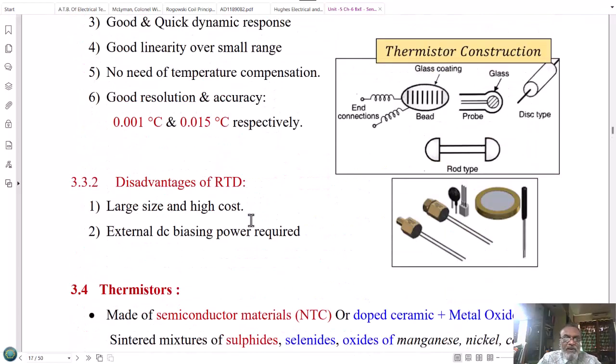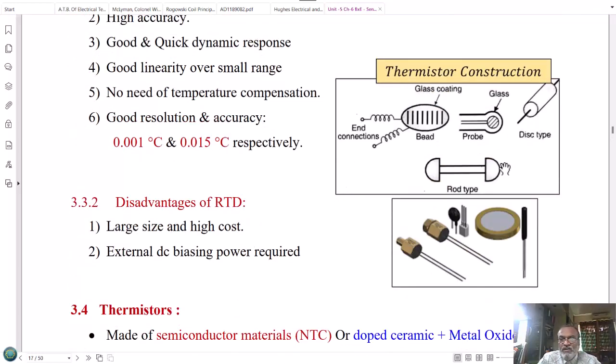Typical thermistors are shown in this figure. The thermistor consists of a glass coating. Inside it, there is a bead. Bead means a piece of semiconductor material with the ends taken out for connection. The probe type of thermistor sensor shown here consists of a small bead inside, enclosed in a glass enclosure, with two wires taken out.